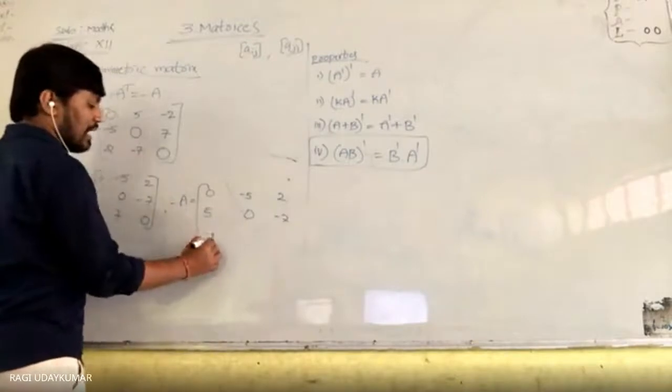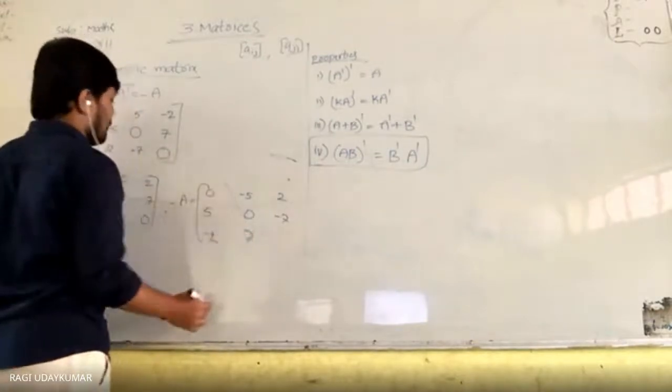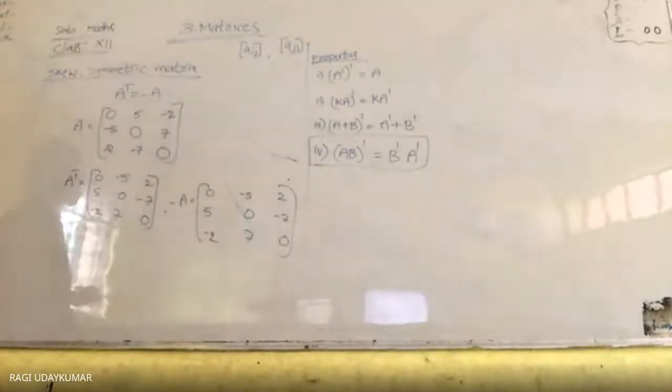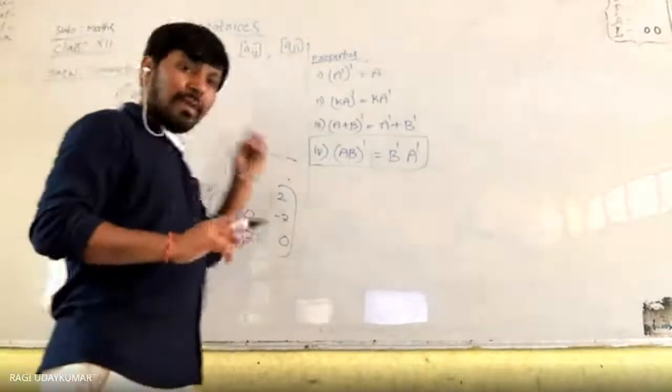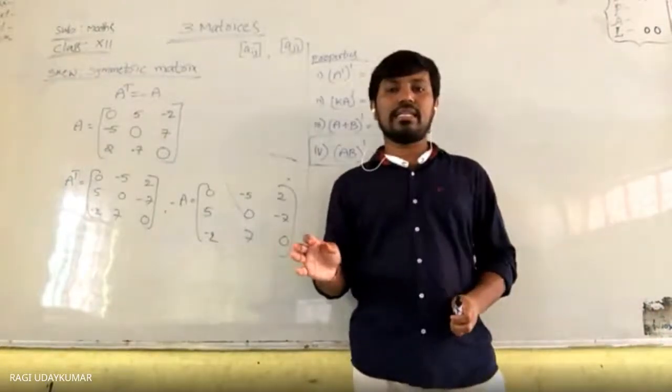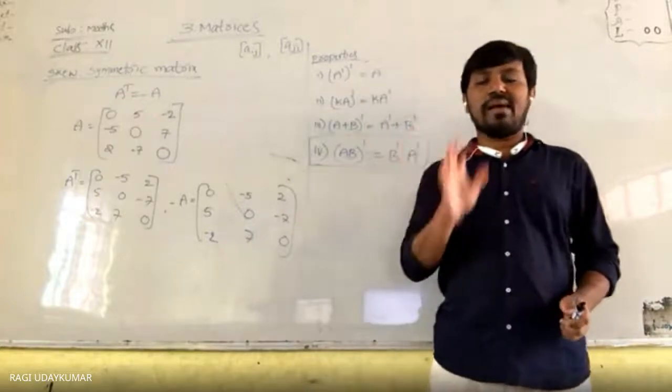Multiply this 2 by minus, multiply this 7 by minus, and this is 0. Now see, both are equal. A transpose is equal to minus A. So if A transpose is equal to minus A, then that matrix is called a skew symmetric matrix.